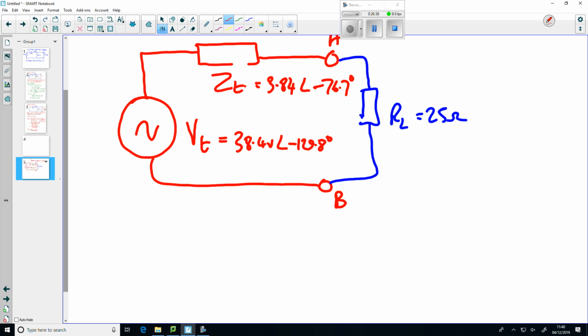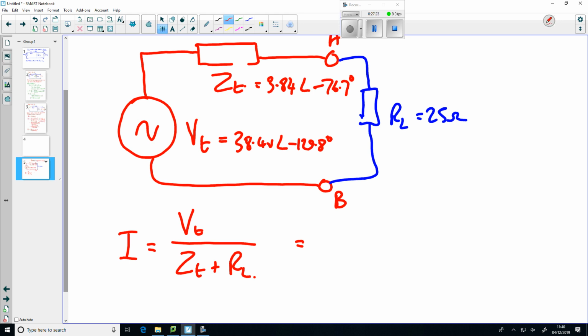So we can say the current I is equal to V little t over Z little t plus RL. If we want to add Z little t to RL, what form would we like Z little t in?